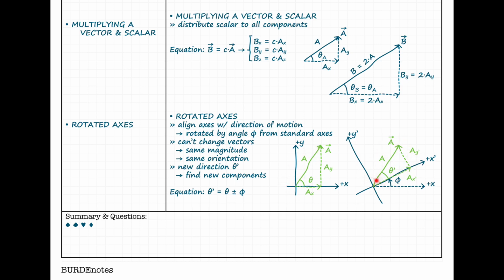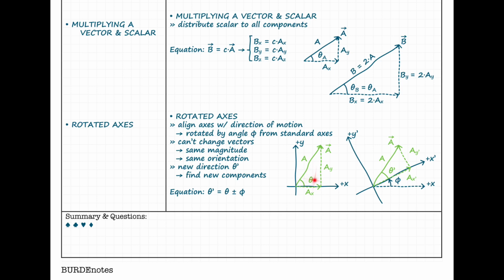You find that from a right triangle here or from a right triangle there. Once you have the direction, either you'll know the direction in the rotated axes or the direction with the original axes. You know that the difference between those two angles is the amount by which the axes are rotated. So if this is theta, we see that this angle theta between our vector and the horizontal would be theta prime plus phi, that same angle between our vector and the true horizontal.